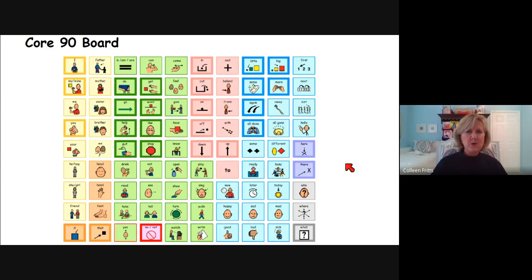So once again, these core boards are available to you. If you're not able to get to the AT Google Classroom or ESC SharePoint, you can also email me and I can send you a printable copy.